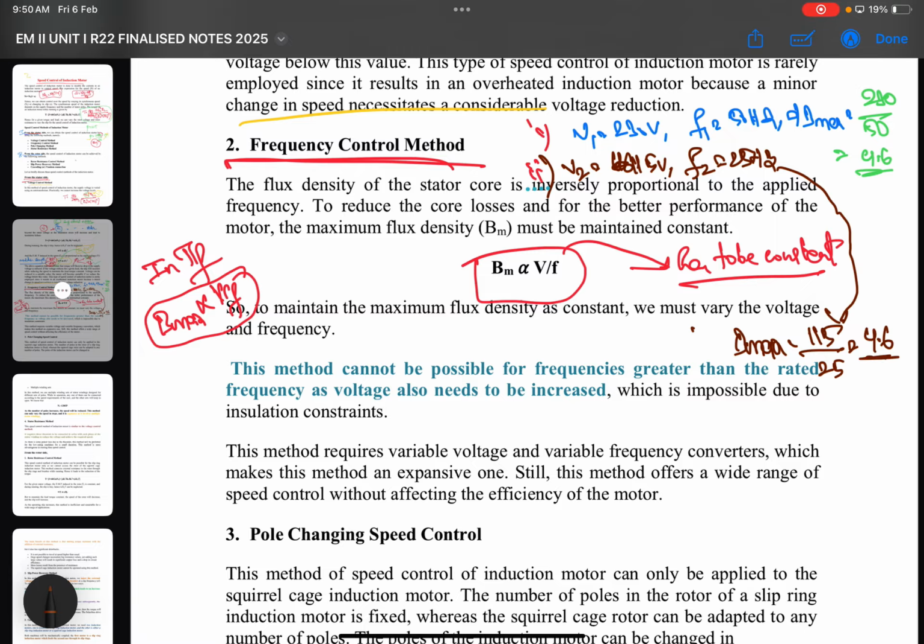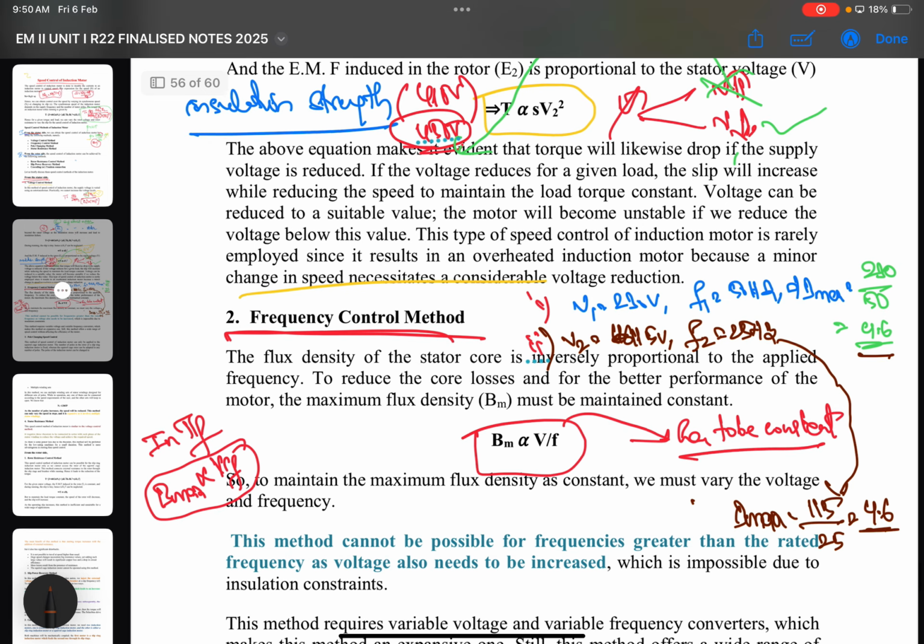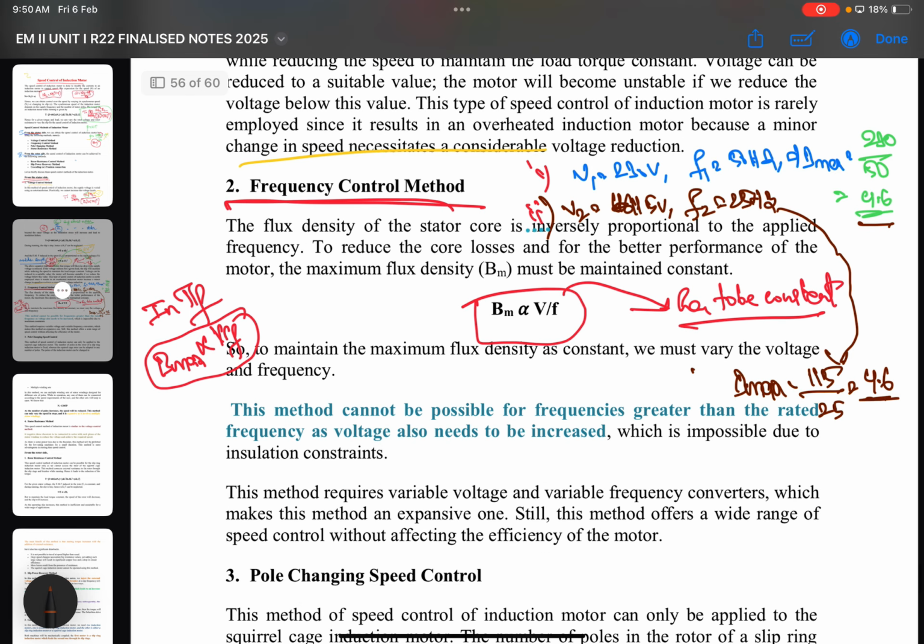So when Bmax is the same, even if I change the voltage and frequency, there won't be any much effect on the system. Now we have an option called the voltage control method. When voltage is controlled, in addition to the voltage, what other parameter has to be controlled? Frequency should also be varied. Why?